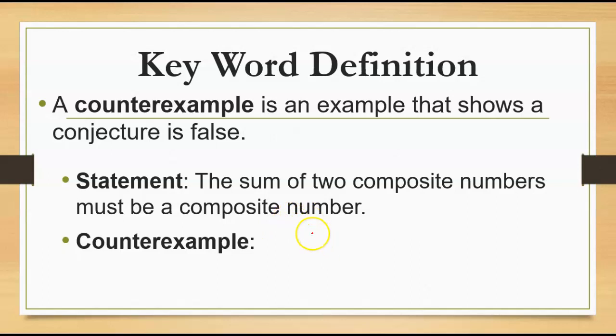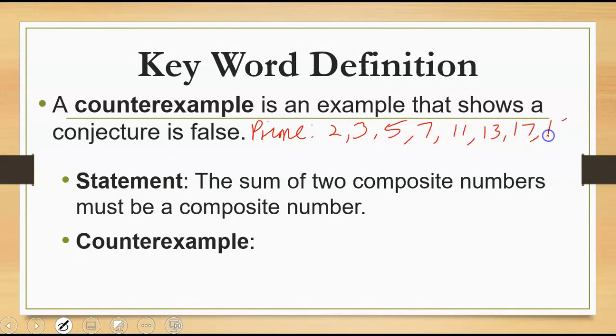A composite number, if we take out all the prime numbers, is any number that does not have only itself and 1 as divisors; other numbers go into them. So prime numbers would be, some of them, 2, 3, 5, 7, 11, 13, 17, 19, 23, and so on.